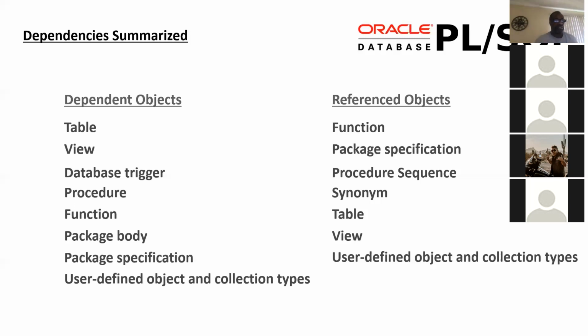It really depends on the specific scenario, whether you're calling or executing a subprogram in a package or running a procedure. Remember, a procedure depends upon either another procedure or another object for it to be successfully run, I should say, not compiled.